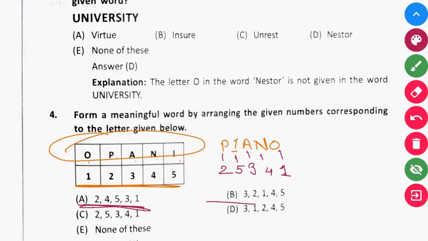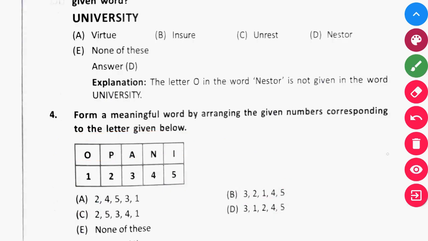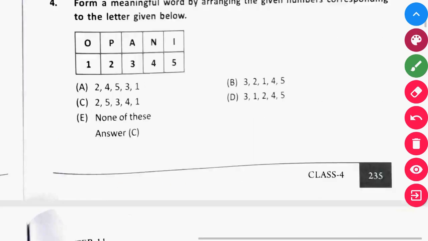So arrange according to the given number pattern. So 2 P, 4 N, 5 I, 3 A and 1 O. Something different is forming, so it has no meaning. Like this you can check for all the series and you will get your answer. So piano is the meaningful word here.